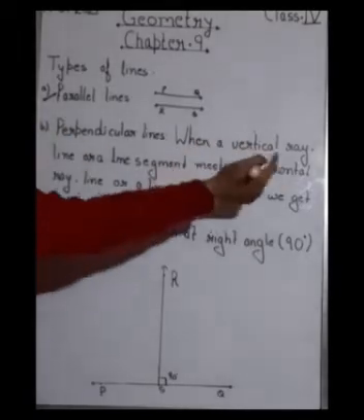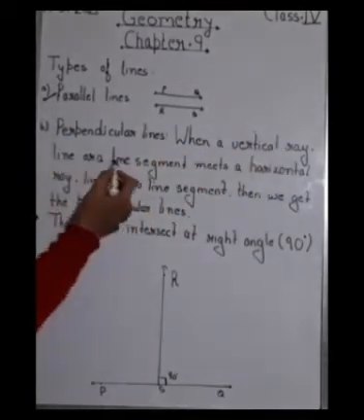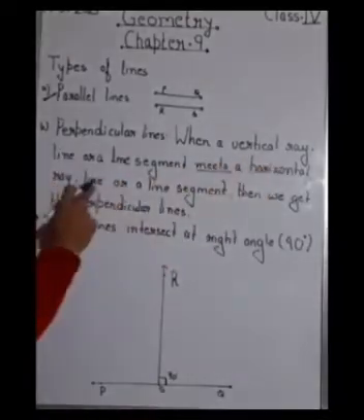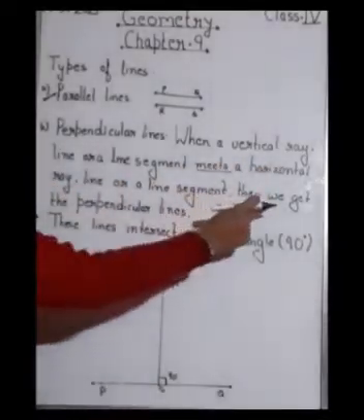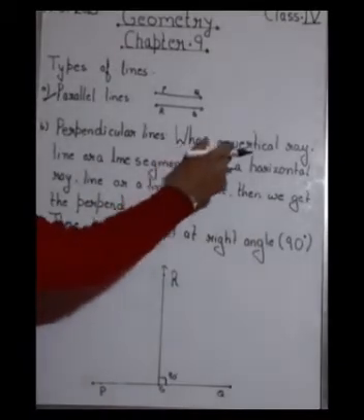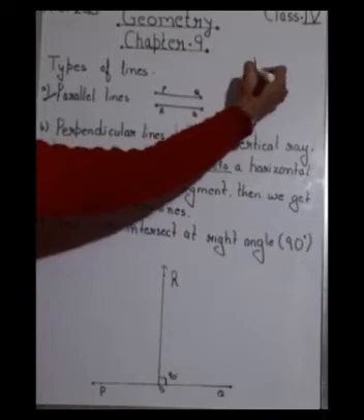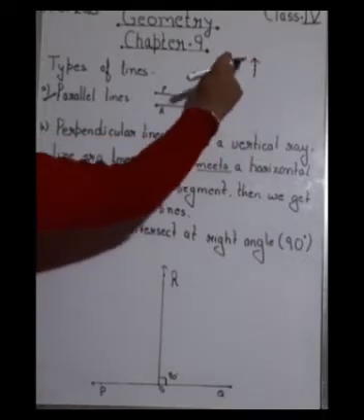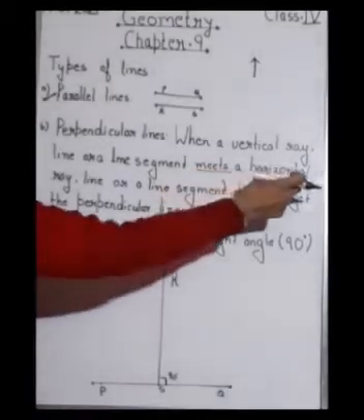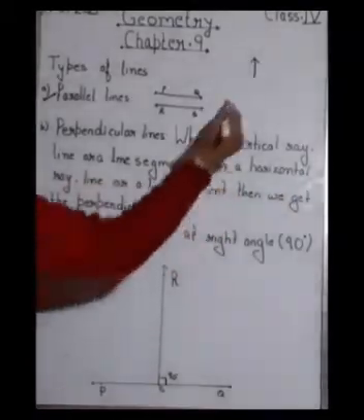When a vertical ray, line or line segment meets a horizontal ray, line or line segment, then we get perpendicular lines. I have drawn here a vertical ray, and it meets a horizontal line.